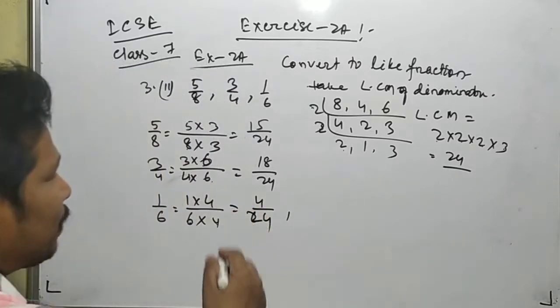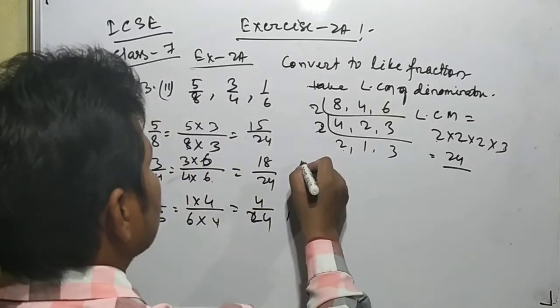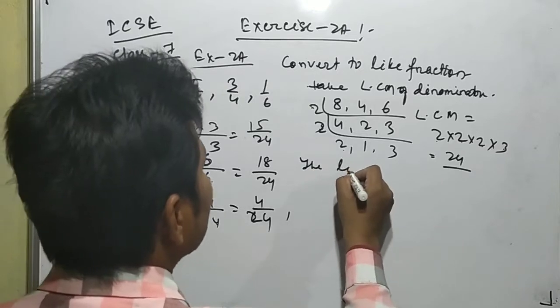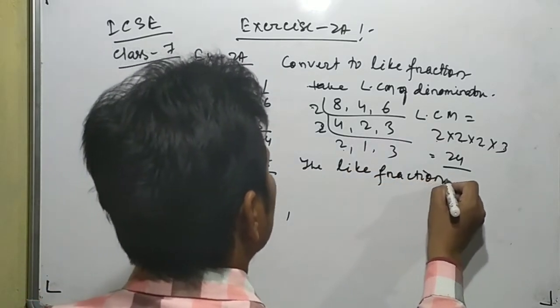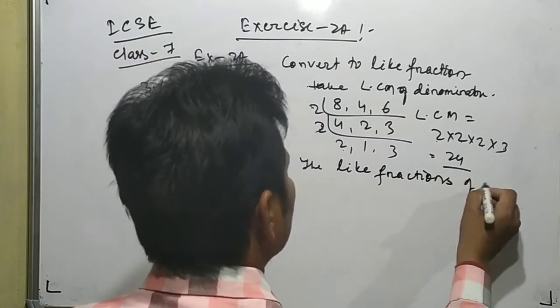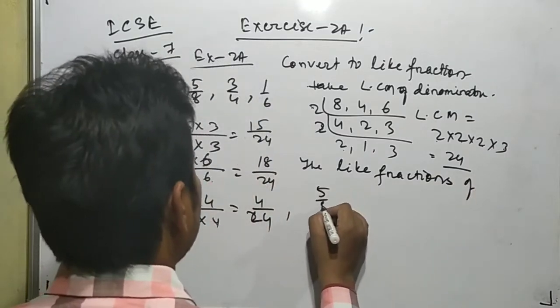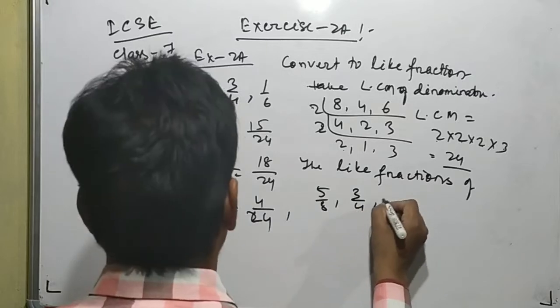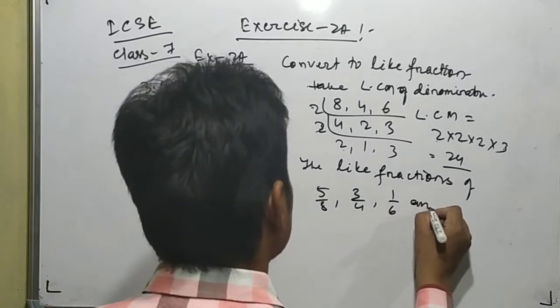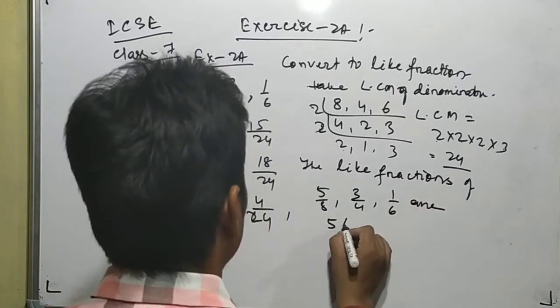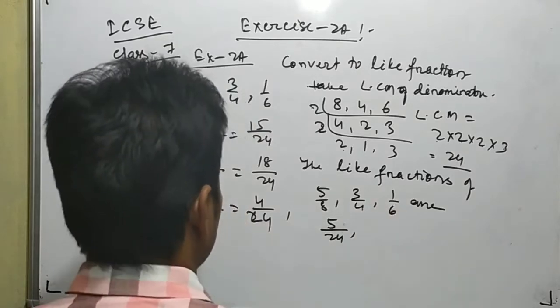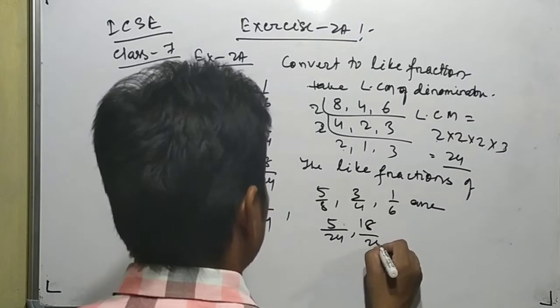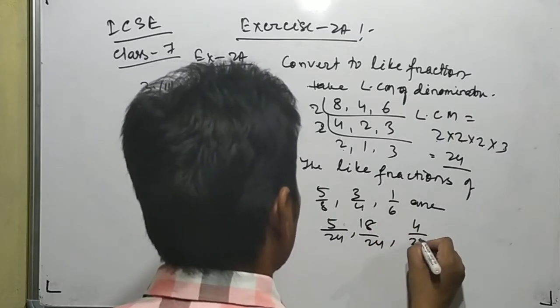Hence the like fractions of 5 by 8, 3 by 4, 1 by 6 are 15 by 24, 18 by 24, 4 by 24.